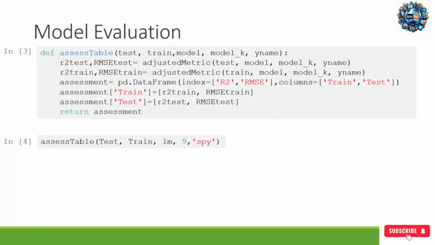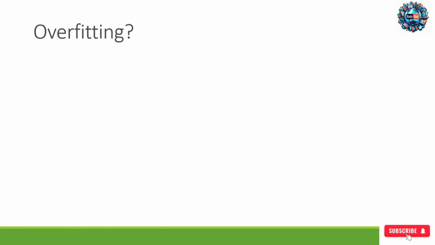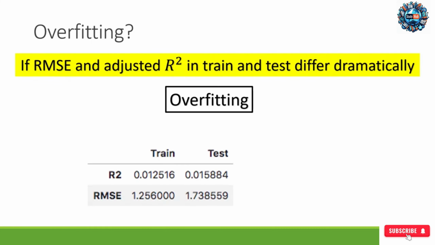We compute RMSE and adjusted R-squared in both train and test in order to check whether they are different dramatically. If so, this is called overfitting. Usually for an overfitting model, RMSE and adjusted R-squared are much better in train than in the test dataset. Then it implies that we cannot apply this model to the real market in the future.